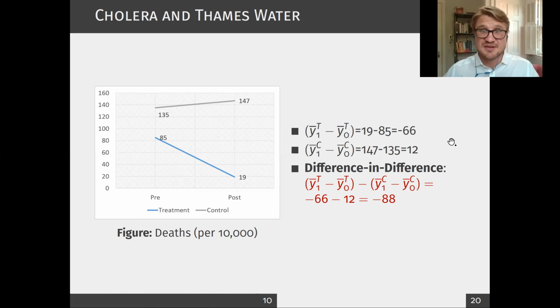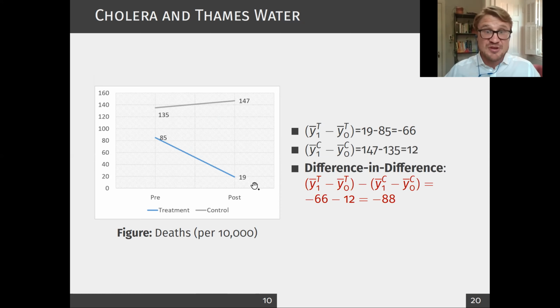So what do we have here? This difference in difference estimate is the trend in the treated group, which is minus 66, and you subtract from that the trend in the control group, which is 12, and you get minus 78. That's a mistake earlier, it's not 88. You get minus 78. So there's a reduction, but the reduction is actually larger than the 66 that we see just from the pre and post observation for those who were exposed to this water plant that provided clean water in the post period.